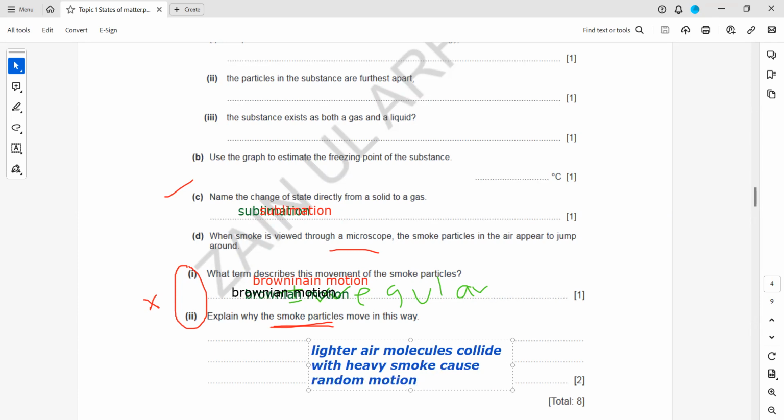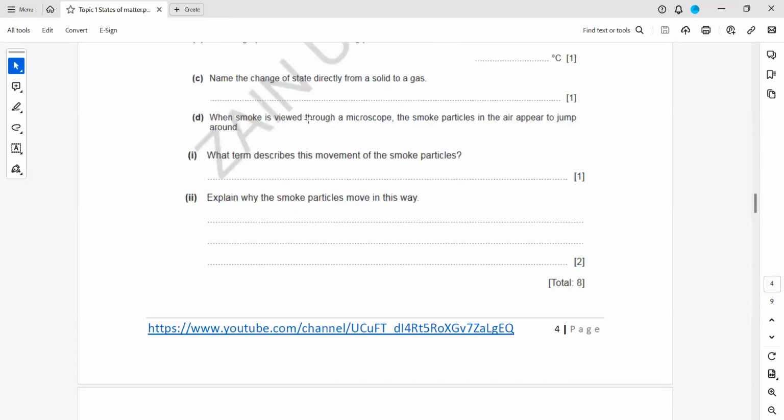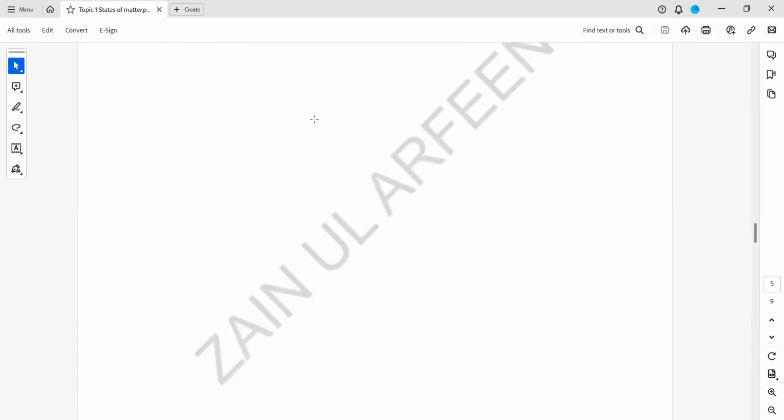So Brownian motion is not part of the syllabus anymore. But in physics, you can find a question on Brownian motion, but not here.